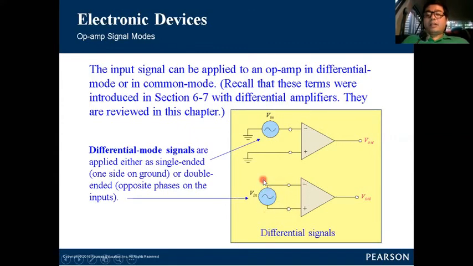So basically, this is out of phase by 180 degrees with the signal na nandito sa baba. Later on, I'll show you a circuit simulation using Multisim Live para maipakita na magkaiba talaga ang phase ng signal dito sa taas at ng signal na dito na nasa baba. So basically, this is still what we call the double-ended or the dual-ended mode of signal operation.